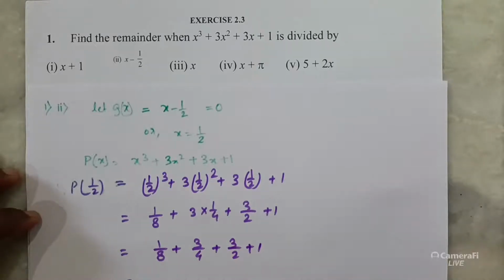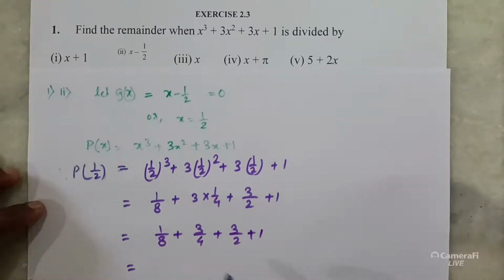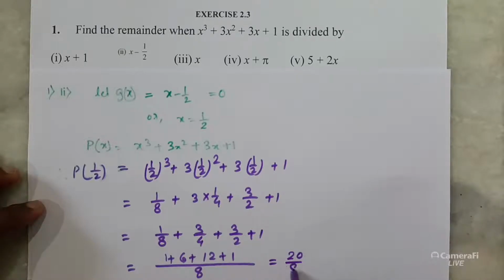Let's do the sum. The LCM will be 8. So it will be 1, 6, 12 plus 1, that is 6 plus 1 is 7, 7 plus 1 is 8, plus 12 is 20, by 8, equals 20 by 8.